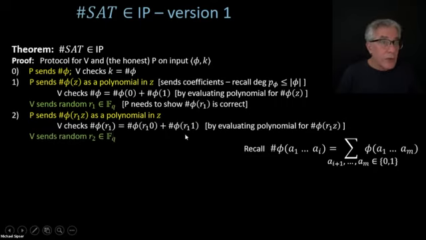So now, the prover has sent this polynomial at the next stage, stage 2. Now the verifier needs to be sure that polynomial is correct.